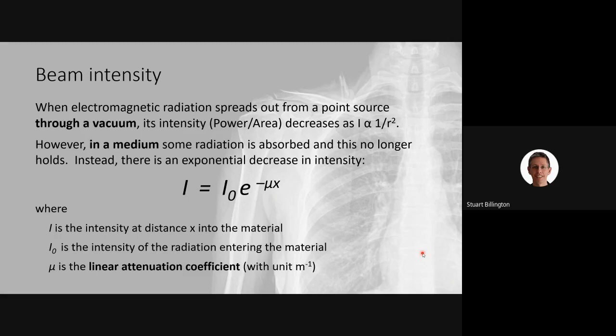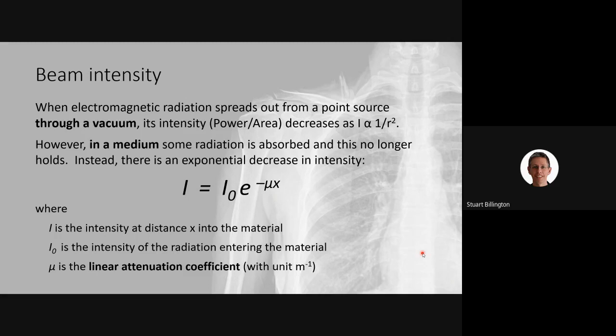Okay, so that's the basic principle, that the intensity of the beam will be lower at the back of the patient than the front of the patient. And you might have to do calculations using that formula, and there are some at the end. But what I'd like you to focus on for the remainder of today's lesson is, why does the beam attenuate?